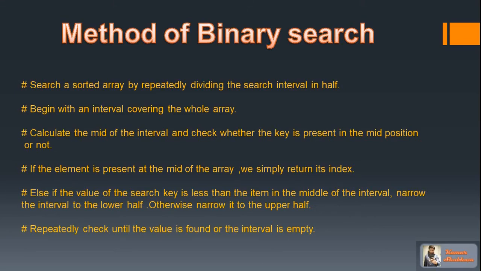If the element is present at the mid of the interval, we simply return its index. If the key is not present at the middle of the array and the search key is less than the element in the middle of the interval, we narrow the interval to the lower half, otherwise narrow it to the upper half. We repeat the same process till either the key is found or the interval coincides.